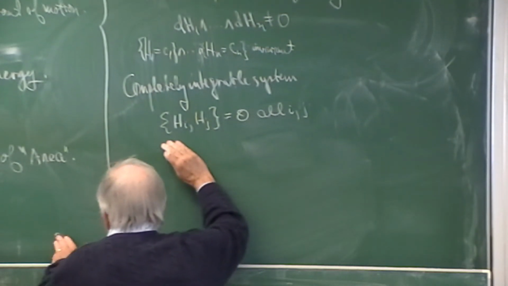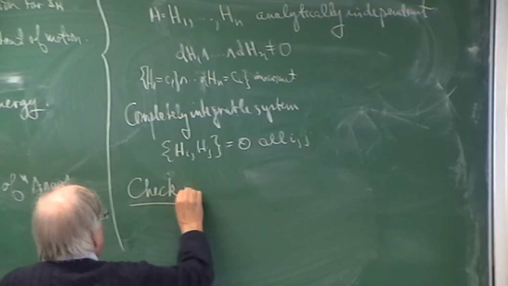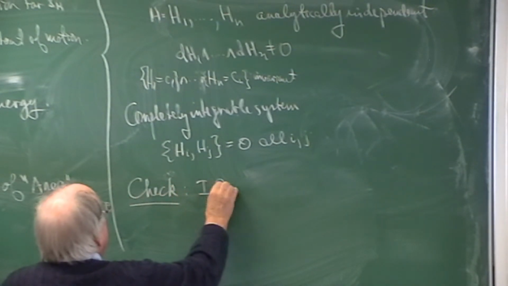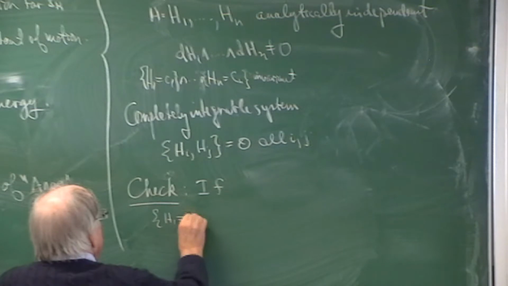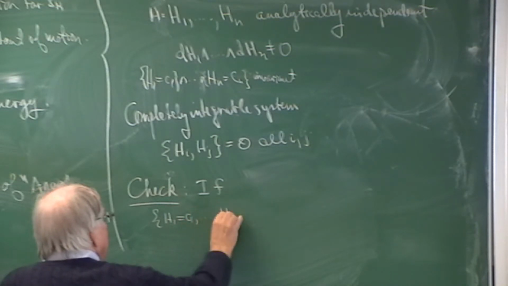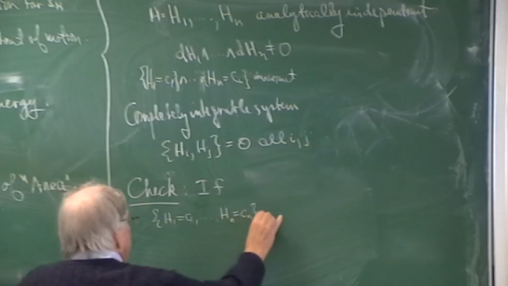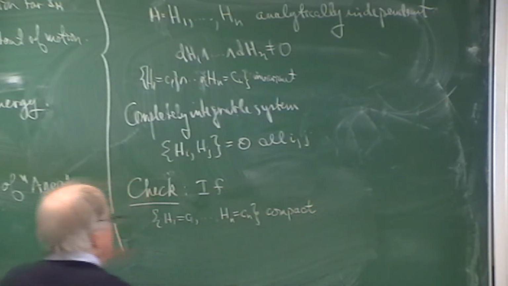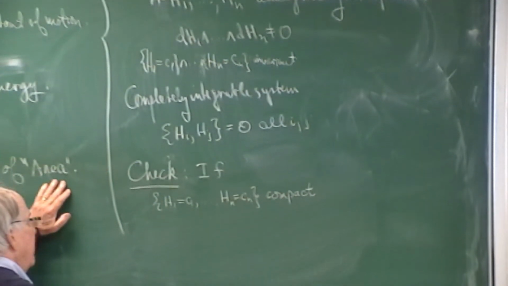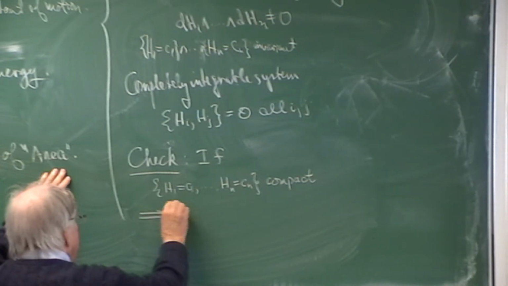And you can check, if the set where H1 equals C1, and this intersection set, is compact, that's a good condition. So if the ambient manifold is compact, for example, and this is smooth, then it is a torus.